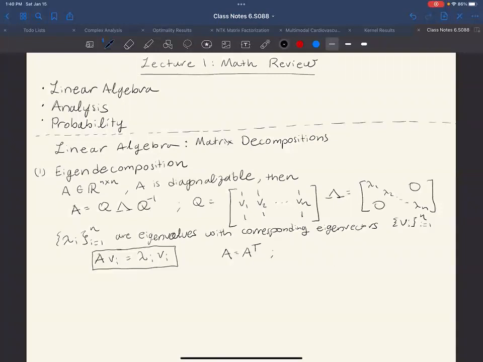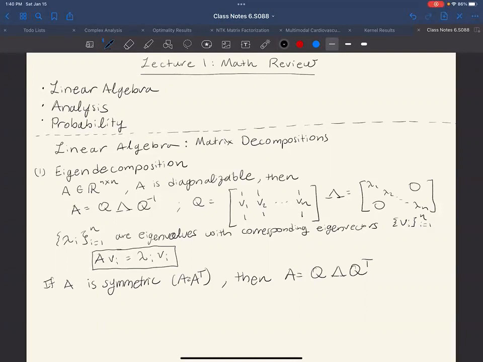If A is symmetric, A equals A transpose, then we can write A as Q lambda Q transpose, where again, Q is this matrix of eigenvectors, and lambda is a diagonal matrix of eigenvalues. Okay, and this will come in handy later when we talk about the singular value decomposition.